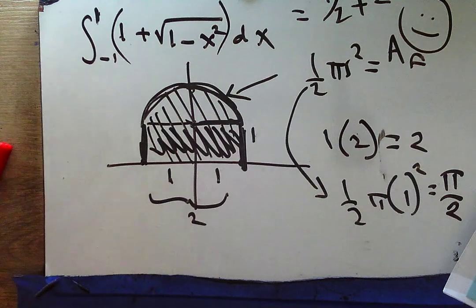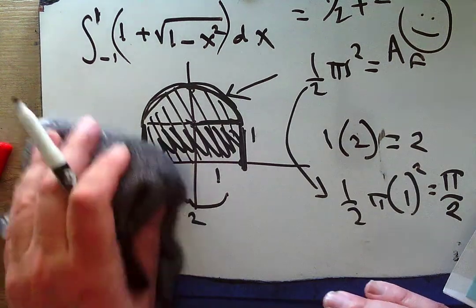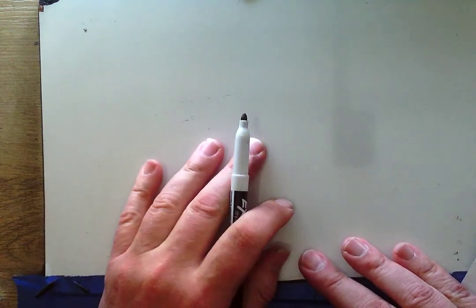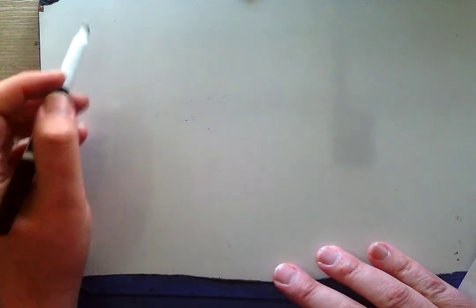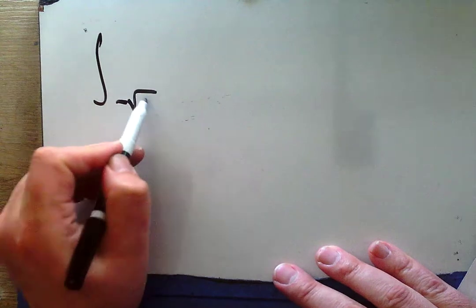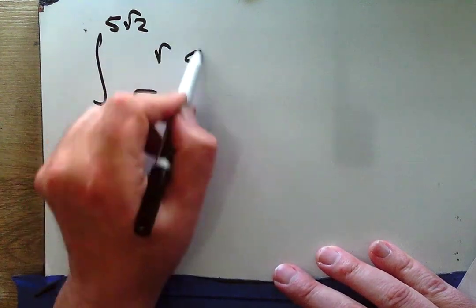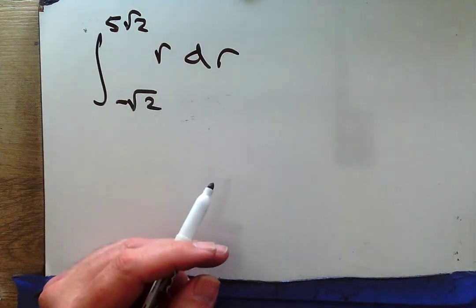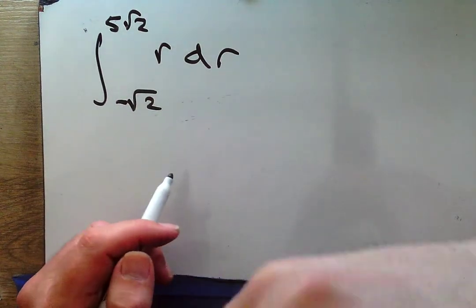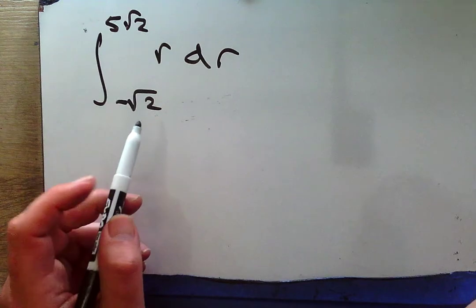Yes, you could write 2 plus pi over 2, but I don't really see a difference in doing that. Okay, what was my last one? Oh, yeah, the last one. Integral from negative root 2 to 5 root 2 of r dr. Yep.